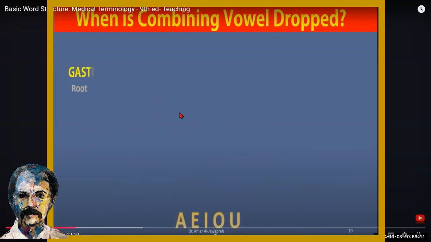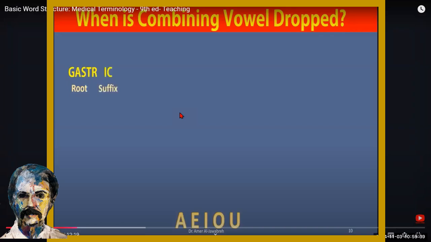When is the combining vowel dropped? Sometimes the combining vowel is not needed. Why? Let's see why. You have gastric, see here. There is a root, which is gastr, which is your stomach. And then you have a suffix.